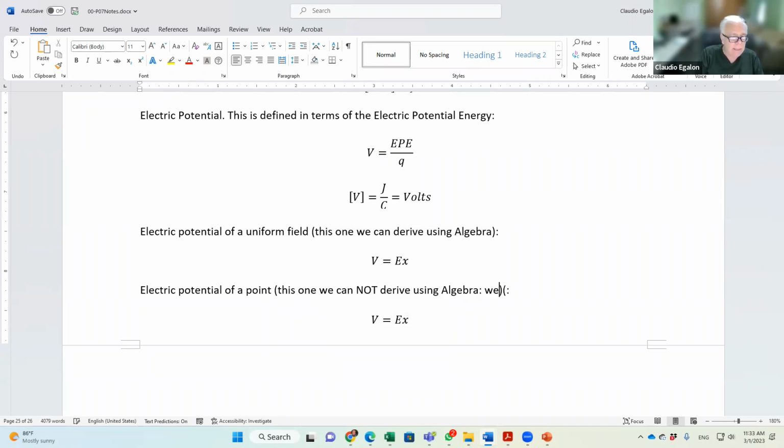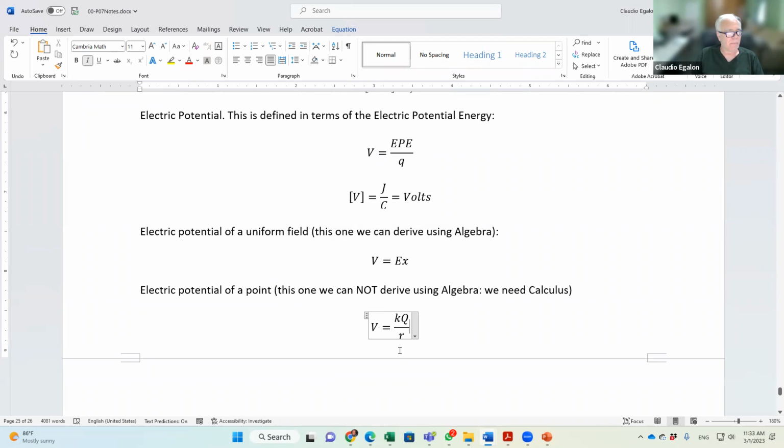We need the calculus. That's why you have to memorize. It's going to be KQ over R. Electric field is over R squared. Electric potential is over R. And then you have equipotential surfaces. You also have electric field lines, like I mentioned before, right?